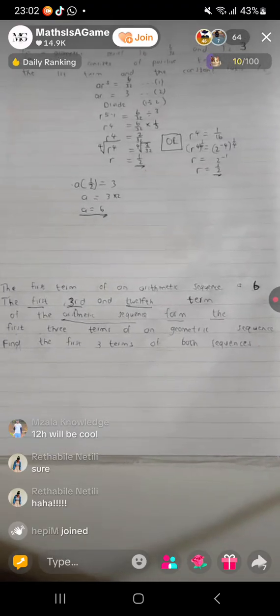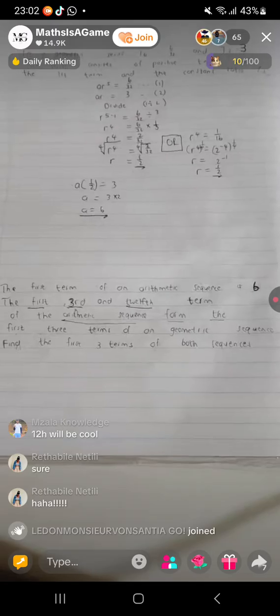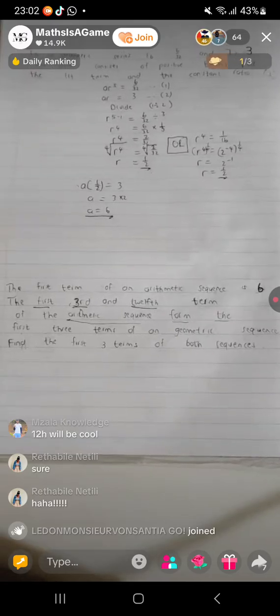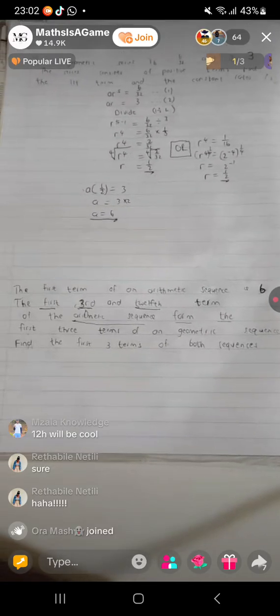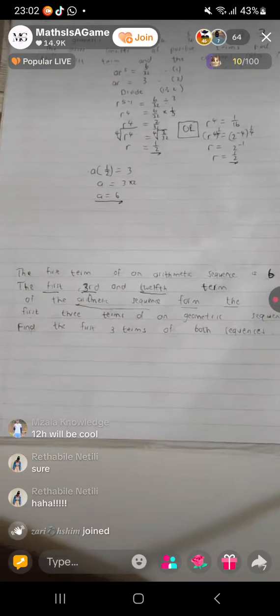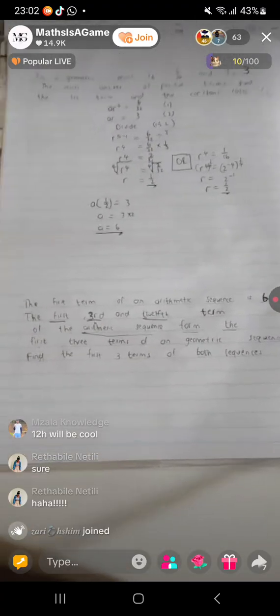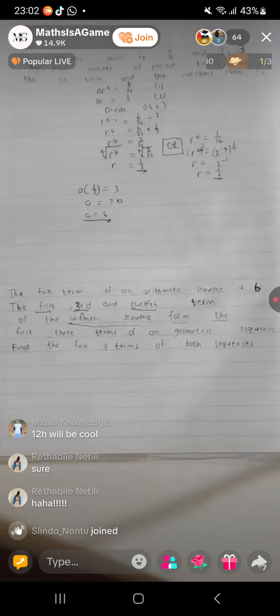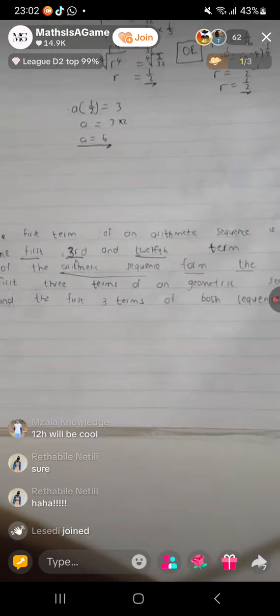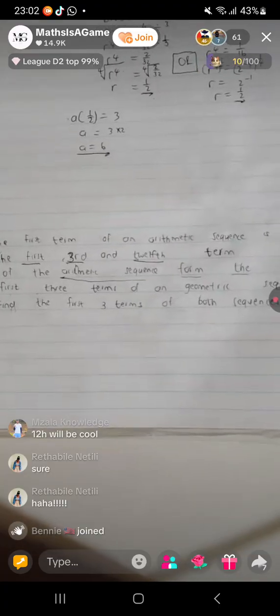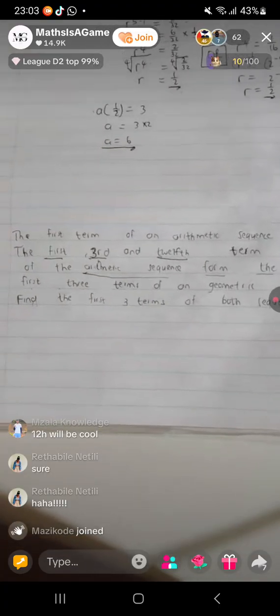The question is find the first 3 terms of both sequences. How do you move in such a scenario or situation?